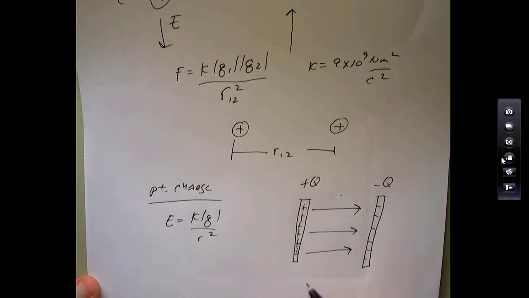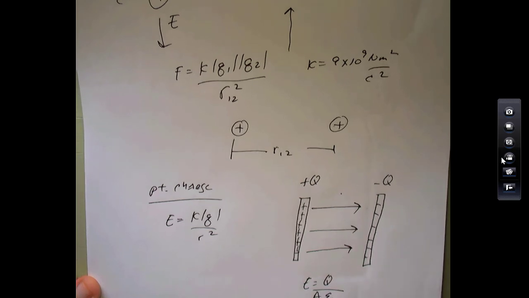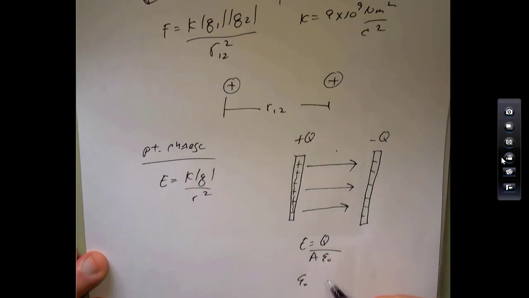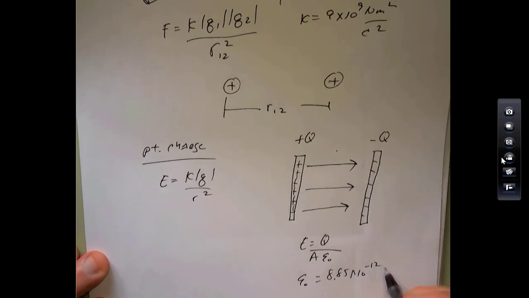So the electric field due to this arrangement was Q over A epsilon naught. And epsilon naught was just another constant that we had, 8.85 times 10 to the minus 12th coulomb squared per newton meter squared. And again, I would give you the constants.